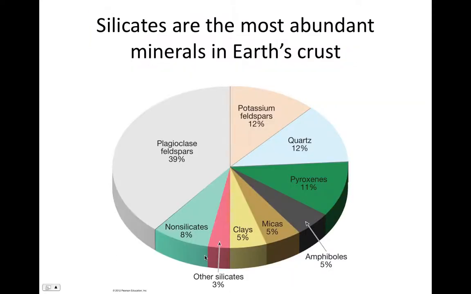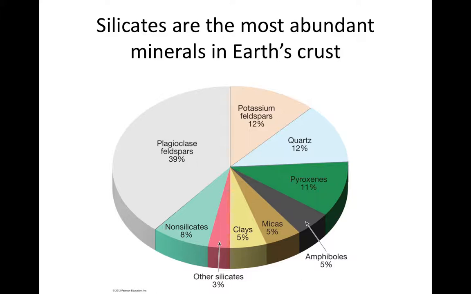And so, looking at a breakdown of the minerals in Earth's crust, the silicate minerals are the most abundant. So these are all silicas, right? Only 8% of minerals in the crust are non-silicates, those economic minerals. And of the silicate minerals, the non-ferromagnesian, the light silicates, are the most common in Earth's crust.